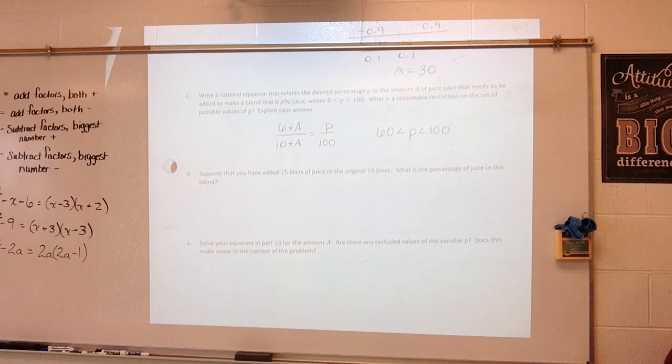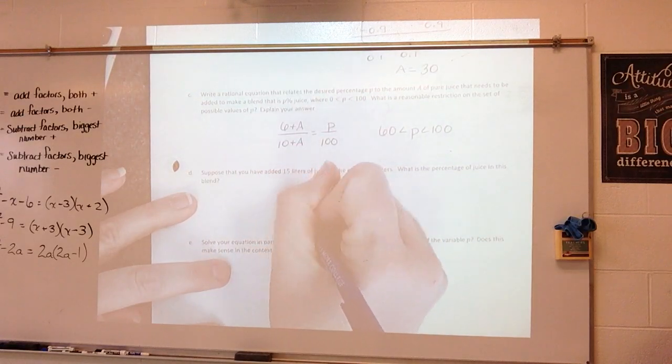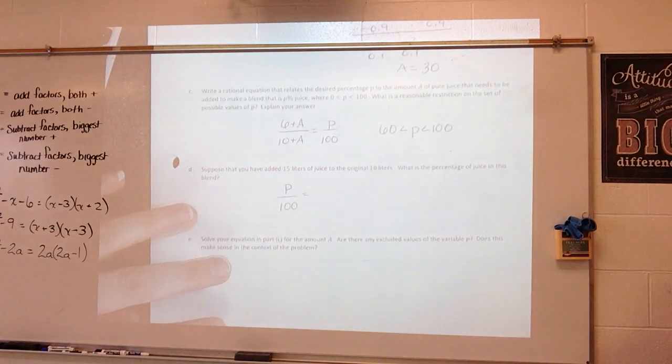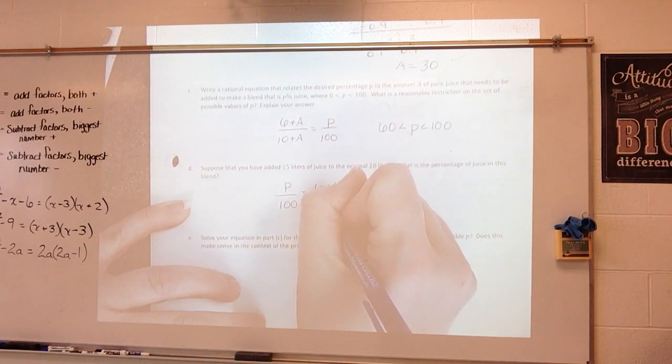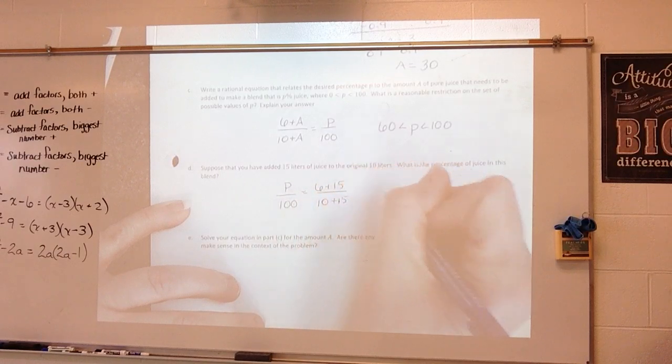Suppose that you have added 15 liters of juice to the original 10 liters. What's the percentage of juice in this blend? Alright, so we're looking for a percent, which means P over 100. And we're adding 15 liters. So 6 plus 15 over 10 plus 15.